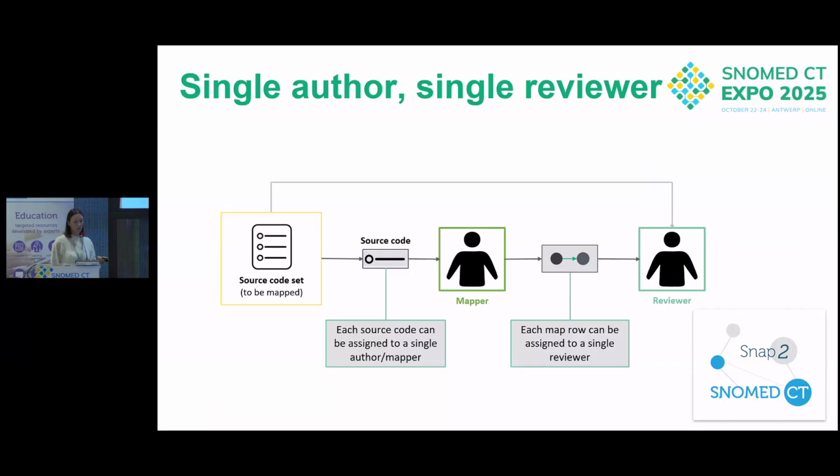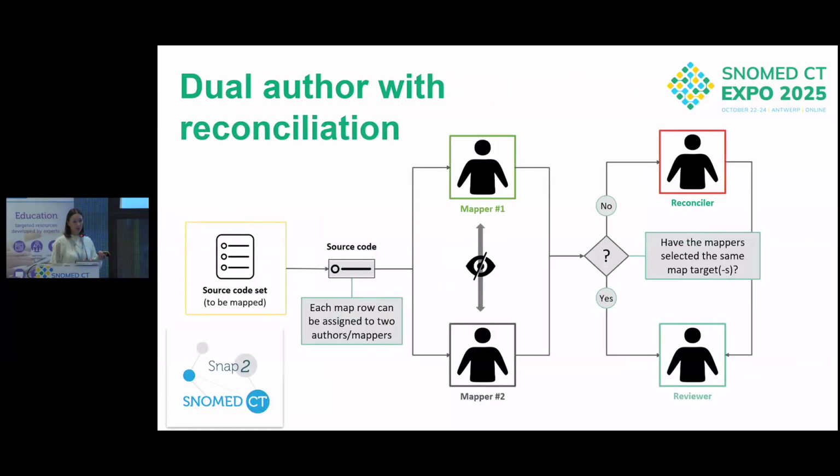So this is just a brief workflow of how the single author, single reviewer process would work if you choose that. So this is where you enter your source code set, and each source code can be assigned to a single author mapper, and then each map row can be assigned to a single reviewer. Or you can have dual author with reconciliation.